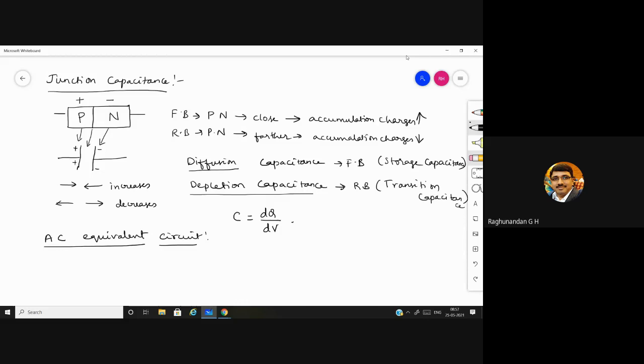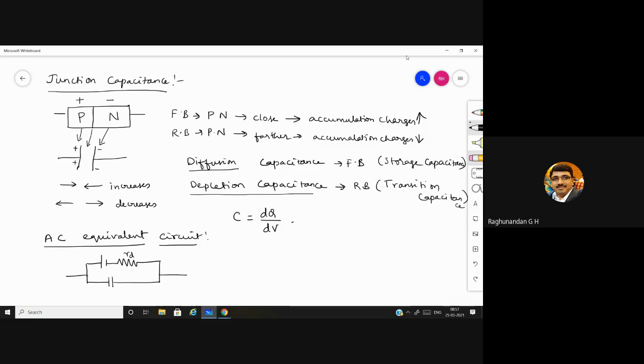So that's why it is not considered in the DC equivalent circuit, but in the AC equivalent circuit, we are going to consider it. As we had a battery and a resistor, to this battery and resistor we are going to connect one capacitor parallel to it. So it is RD.